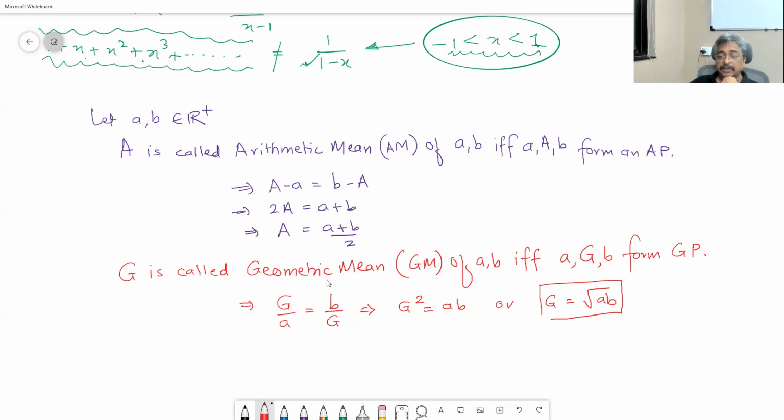Geometric mean, arithmetic mean. These are definitions.